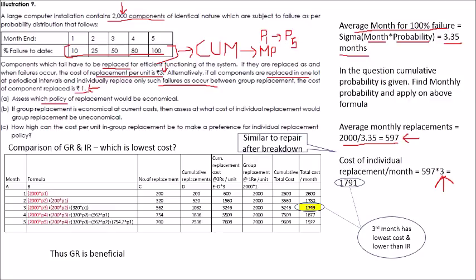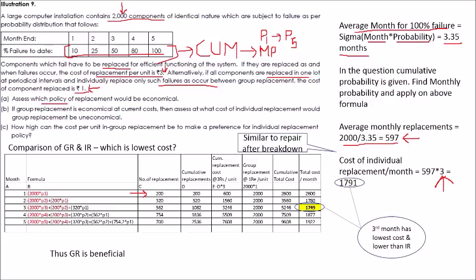So you can see the formula here, 2000 pieces multiplied by P1. During the first month, you have 2000 multiplied by the probability of 10%. So the number of failures is 200, and whenever there is a failure, you are going to replace it in the group replacement, as well as maintain a preventive maintenance policy.